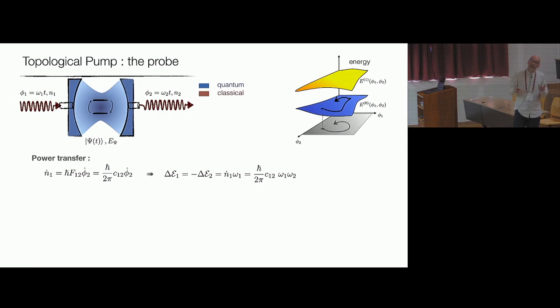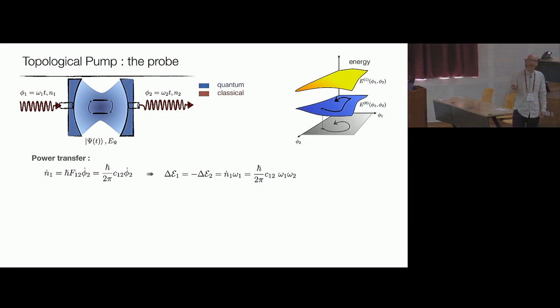So what are we going to measure if we realize such a system? Imagine we have a quantum system coupled to 2 classical waves. The equation I've written was a change of a charge of one of these cavities. But for a cavity, I know that the energy is n times omega. If you increase n, that means you're transferring energy from one cavity to the other, from one mode to the other.